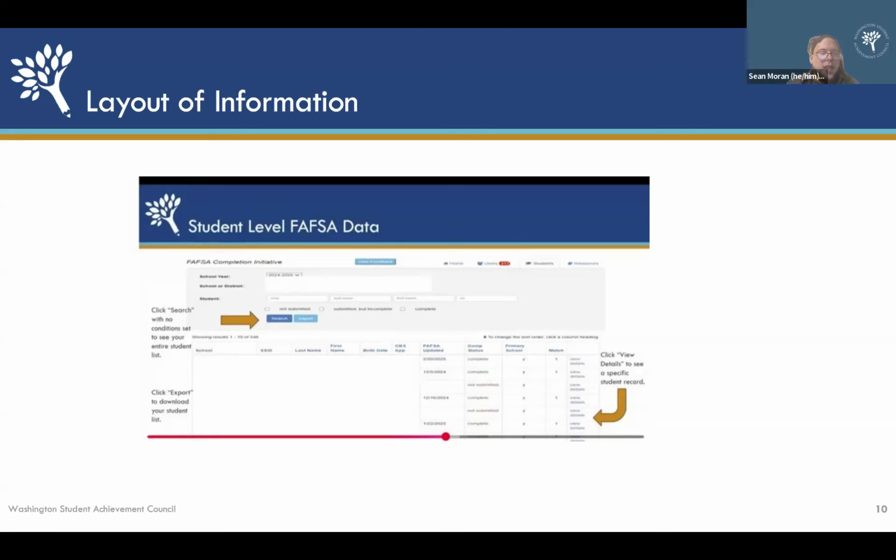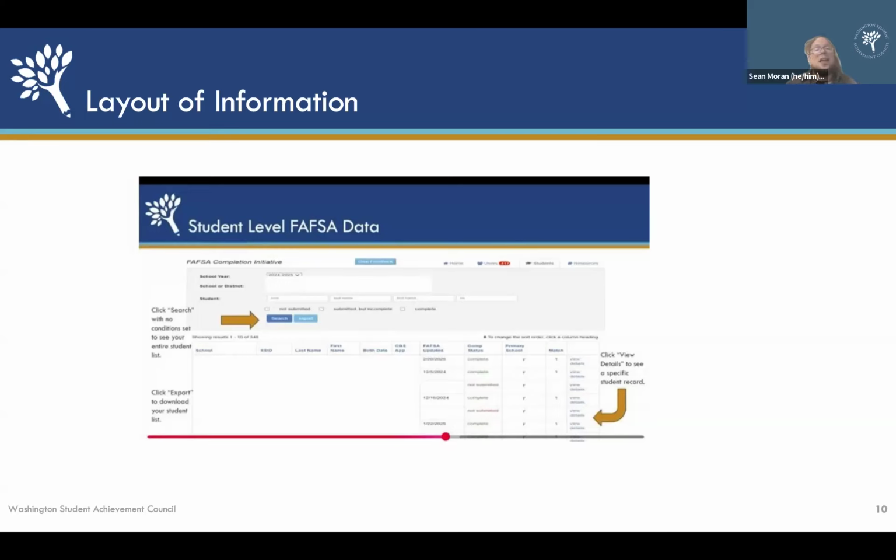Now, one of the other things I want to mention is many of you will probably only see your school unless you have district access or are supporting multiple schools, especially for those who are assisting alternative programs. And then you can search by student SSID name, but you can also search by not submitted, submitted but incomplete, or complete.